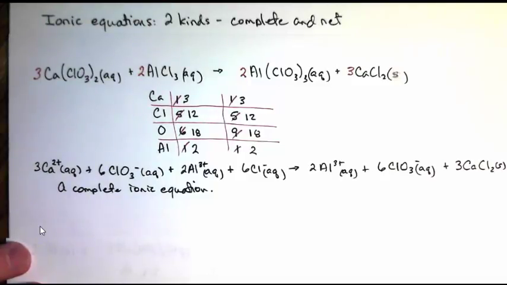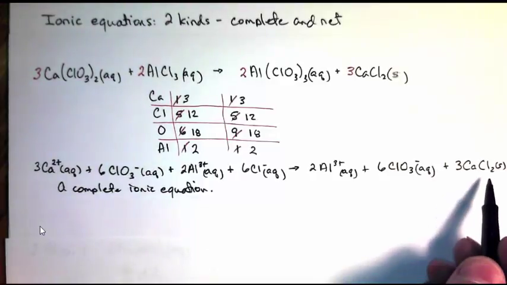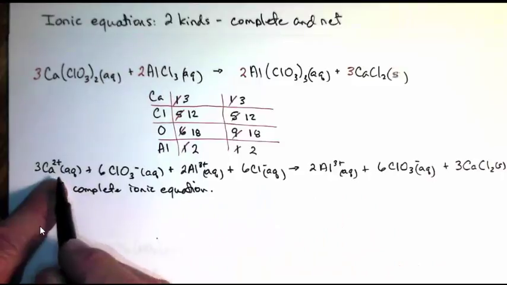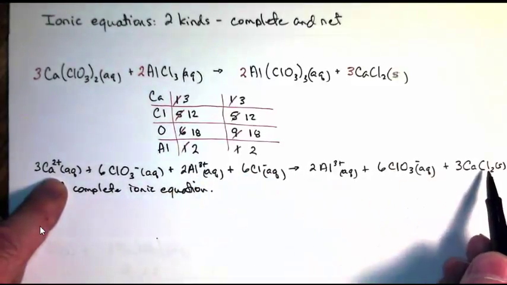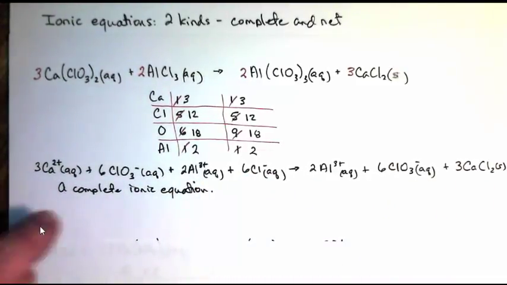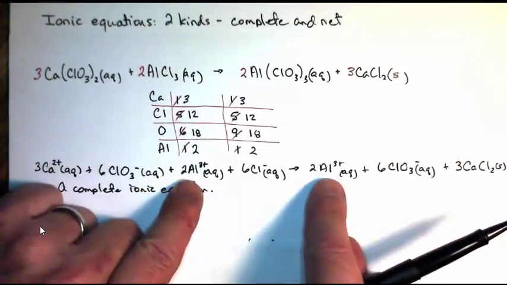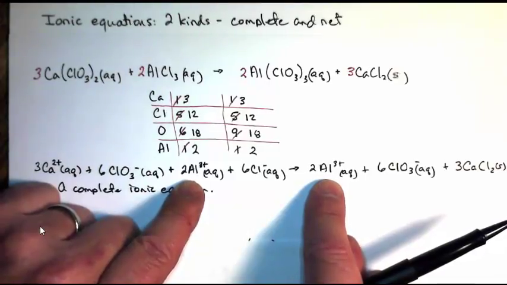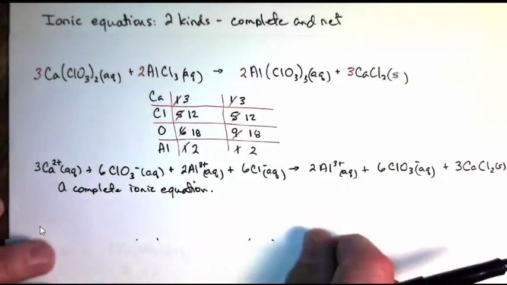Well, no, the solid started out as aqueous, and this joined up with this and formed that solid. That's doing something. The aluminum, yeah, it's aluminum ions on both sides. They're not doing anything. They're sitting around watching the calcium and the chloride do something.